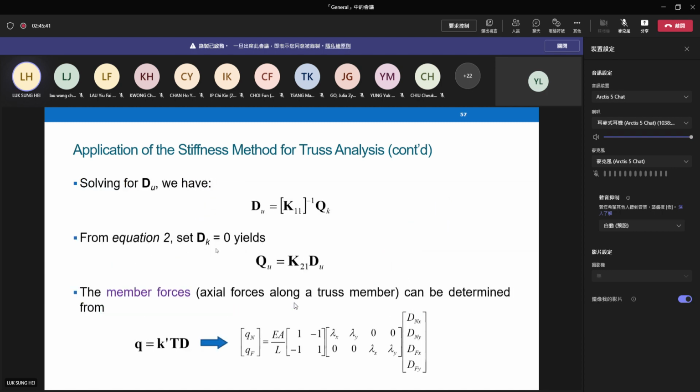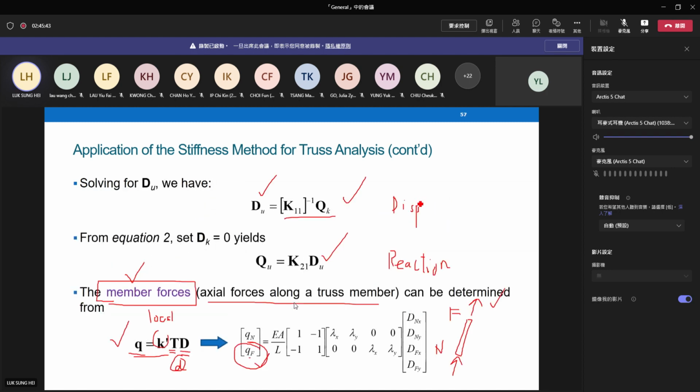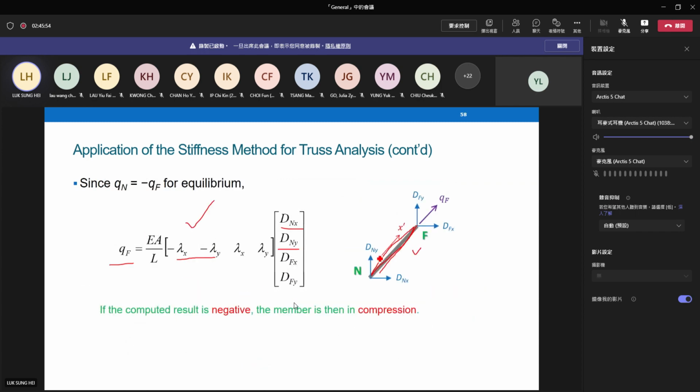And this part, you should know the displacement. You should know the reactions. So there is no unknown displacement right here. You just use your outcome to find out the member force if necessary, depending on what you want to know. If you get negative values, it means the member is in compression using these equations. Positive tension, negative compression.